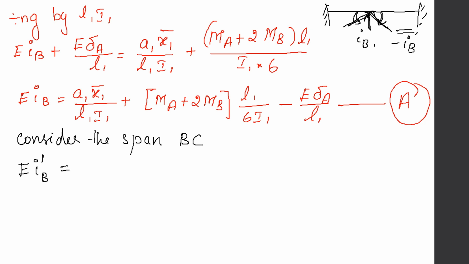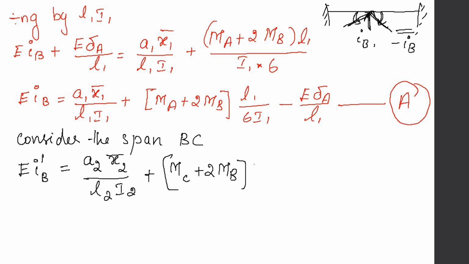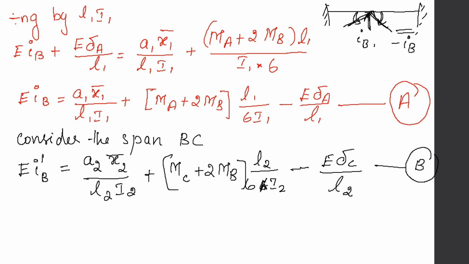That is equal to, for the span BC, the second span, we will take it as A2. A2 x2 bar by L2 I2 plus we will get MC plus 2 MB into L2 by 6I2 minus E into delta C by L2, and this will be our equation B, that is for the span BC.